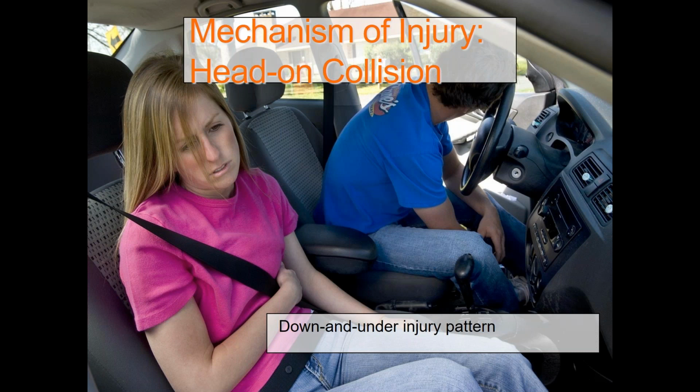Next, we're talking about still head-on collision with a down and under injury pattern. These are the people who hit the dashboard, not the windshield. So we'll see a lot of hip fracture, hip dislocation, pelvis injuries because they probably weren't seated appropriately, weren't restrained appropriately. And when the car went in and hit, they slid downwards and their knees came forward and struck the dashboard.